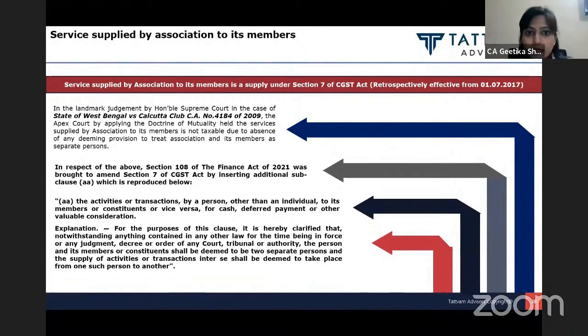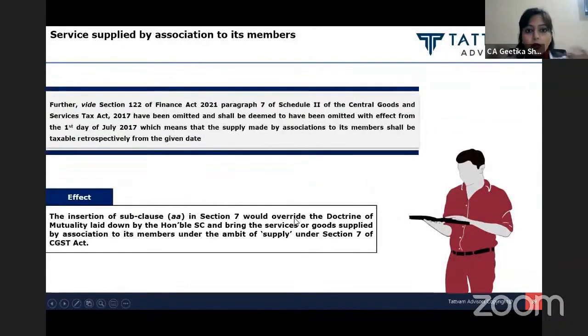So with this amendment, whatever has been laid down by the Supreme Court is overruled. Even if the concept of mutuality was being discussed and accepted by the court and by the public at large, now with this amendment there is no more concept of mutuality. To be very specific, the language doesn't use the term association.